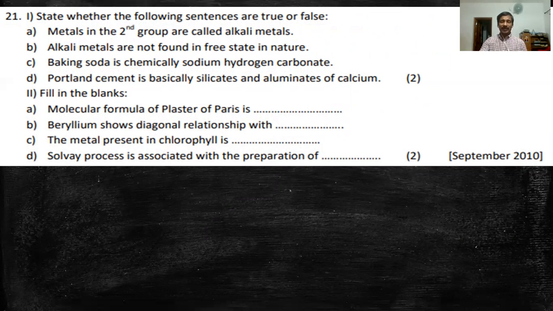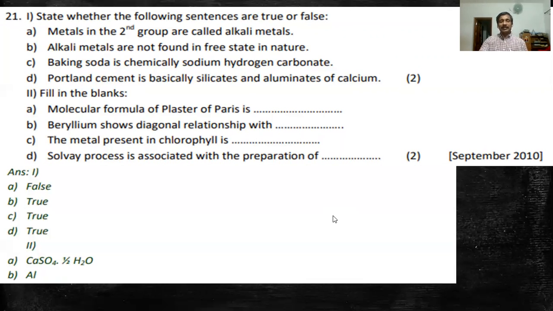Baking soda is chemically sodium hydrogen carbonate. That is correct, sodium bicarbonate, baking soda. Portland cement is basically silicates and aluminates of calcium. That is also true.